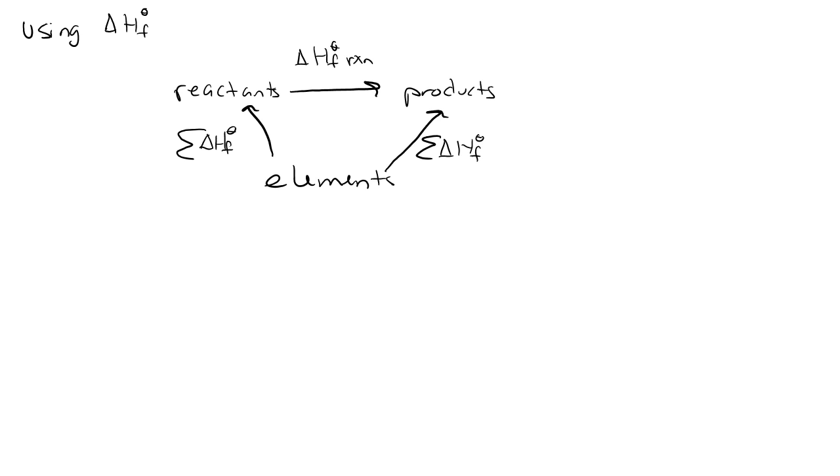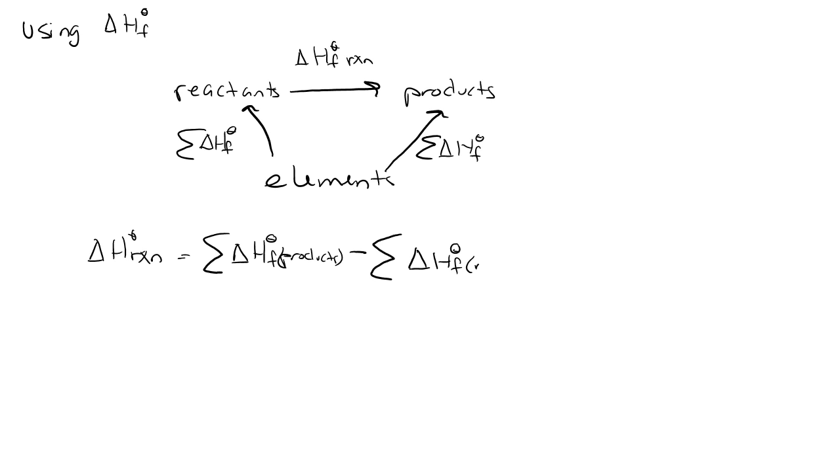The calculation we're going to be using is our delta H of the reaction equals the summation of the delta H of formation of your products minus the delta H of formation of your reactants.